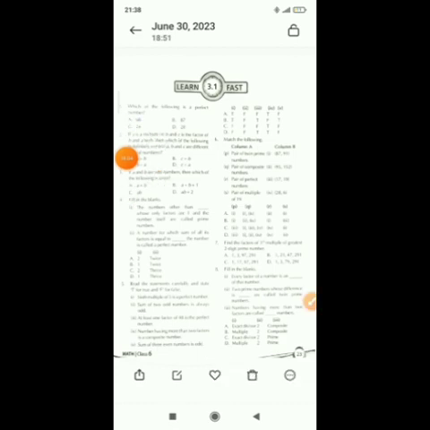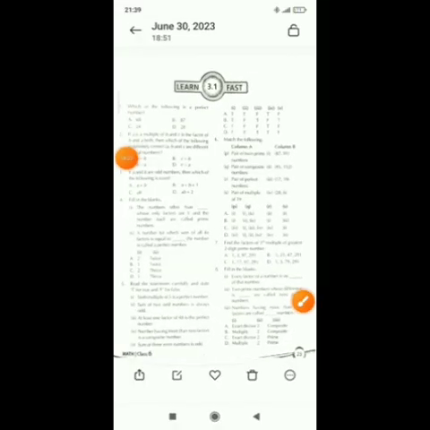Now since we have found out the third multiple, we need to find its factors. There are two options here: 1, 3, 97, 291, and 1, 17, 97 and 291.